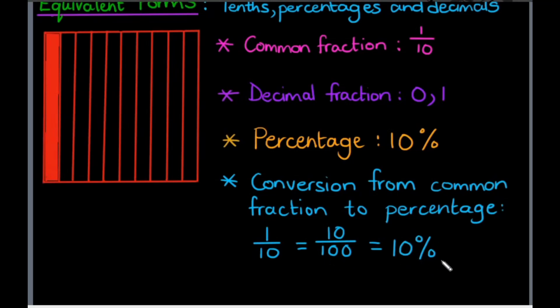So when we talk about the percentage of something, we're talking about a number over 100. So we need to get our denominator to 100 before we can convert it to a percentage. As you can see here, I multiplied both the bottom and the top by 10, and that gave me 10 over 100, and I ended up with 10%.